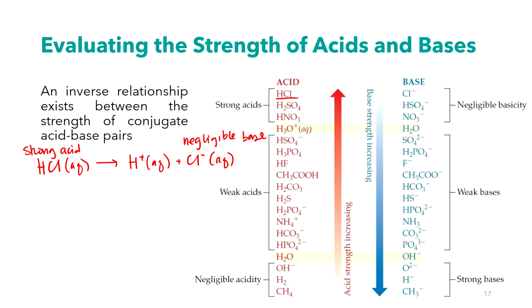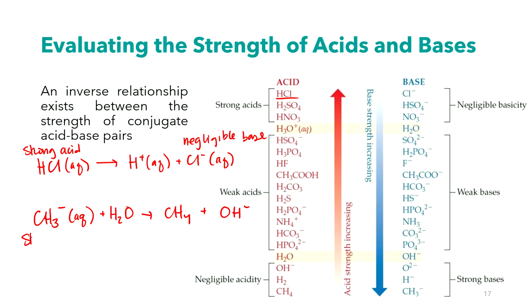On the other end of the spectrum down here, let's use our methane as an example. If I put CH3 minus into water, that is incredibly unstable. That CH3 does a terrible job of stabilizing that minus. And so it's going to pull a proton off of water right away. It's going to grab a proton from water and become CH4 and OH minus.